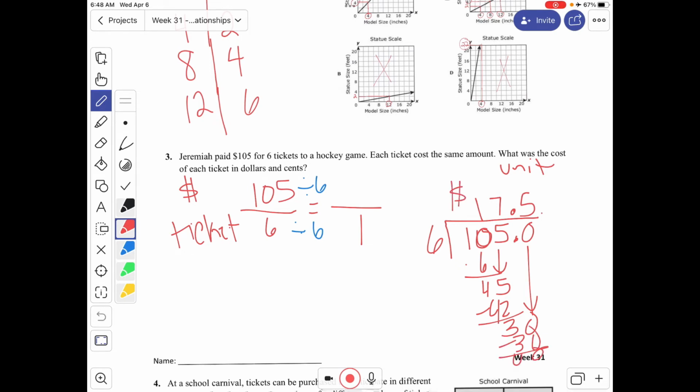Each ticket is $17.50, and I'm going to go ahead and give it an extra 0 because money gets 2 spaces to the right of the decimal.